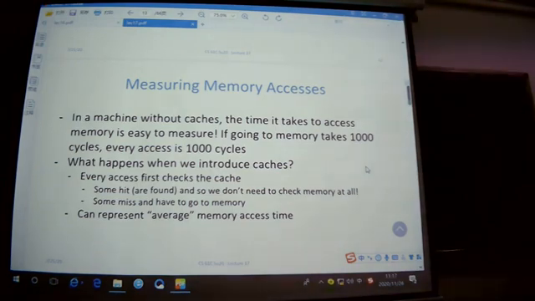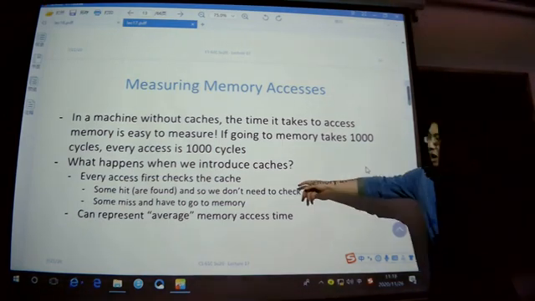If going to memory takes 1,000 cycles, every access is 1,000 cycles. This is simple, but not useful, because the cache is very useful and we have cache. We need cache. What happens when we introduce cache?